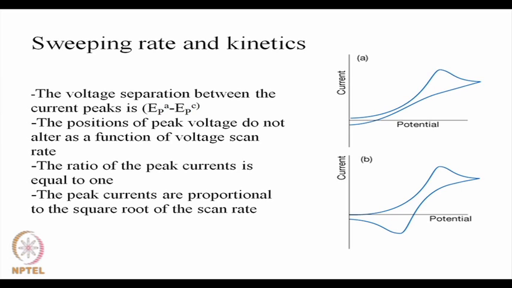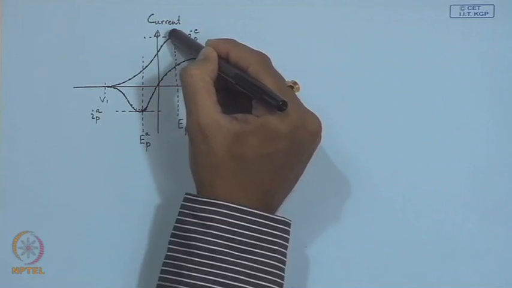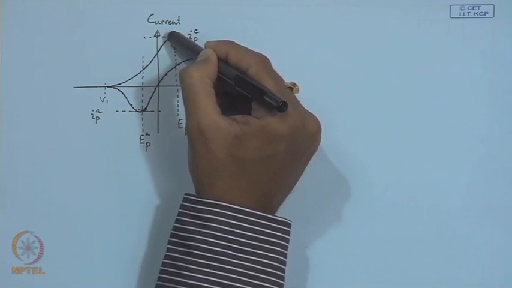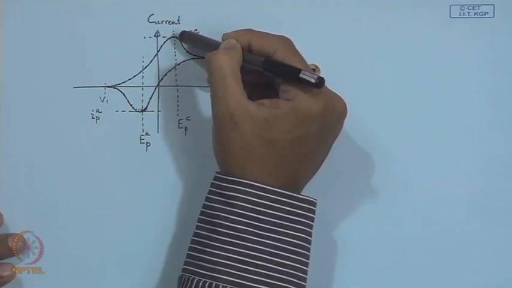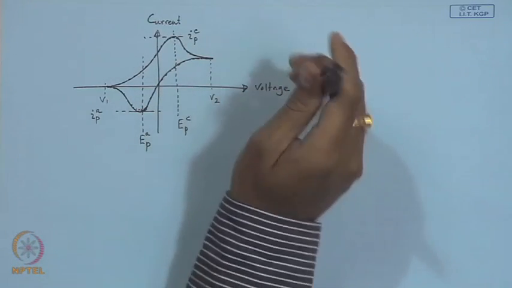The peak currents are proportional to the square root of the scan rate. So, when the scan rate is more, your peak current is more, but of course in a square root fashion.